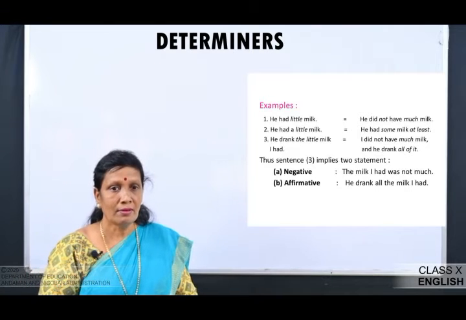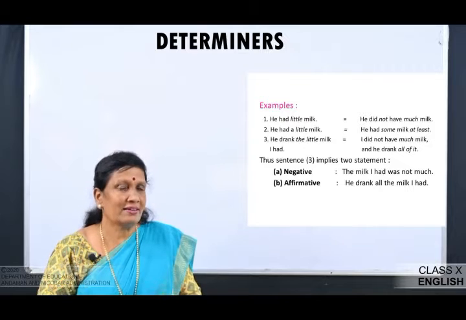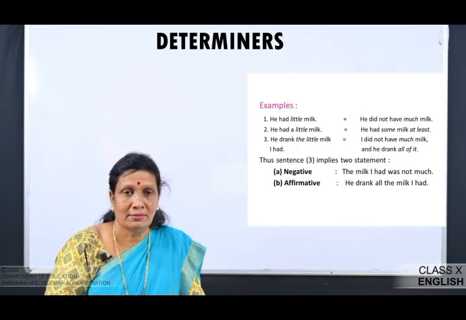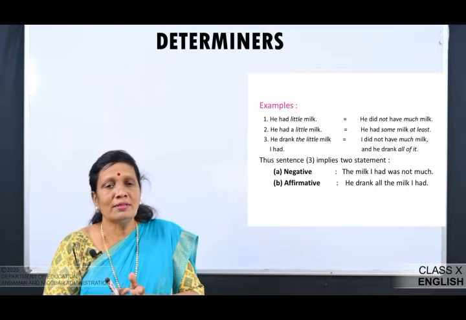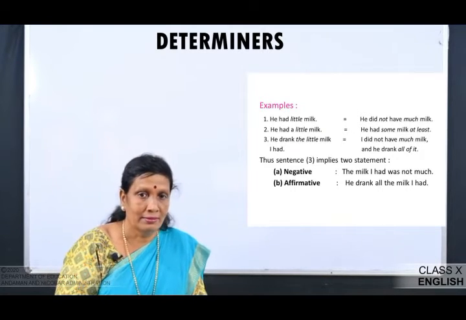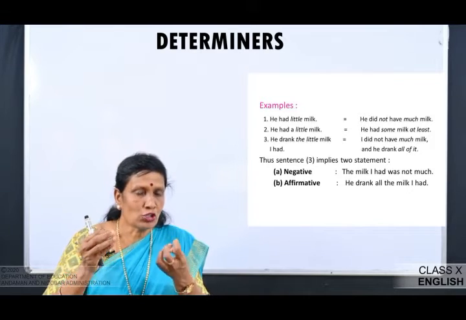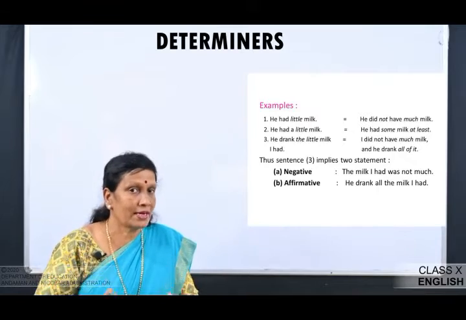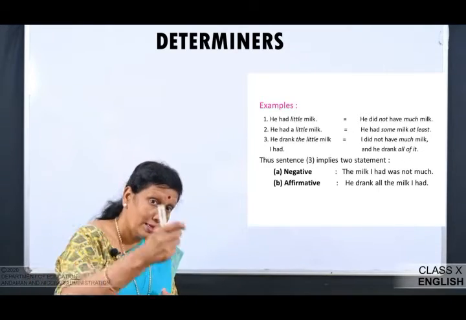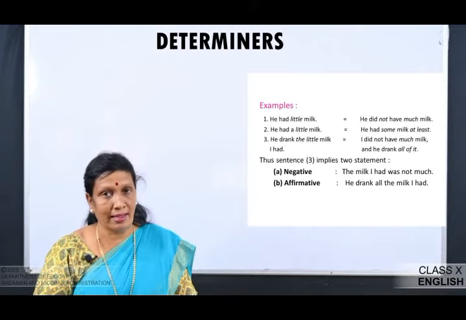Now he had a little milk. That means he had at least some milk. Some. He drank the little milk I had. So here, the sentence talks about a particular amount of milk that was there with me, which he drank. So he drank the little milk I had.